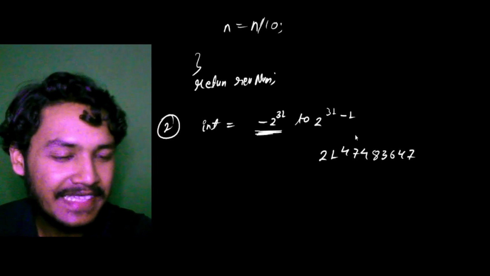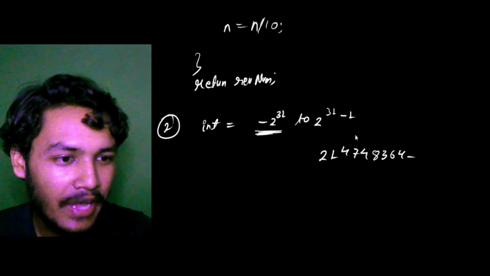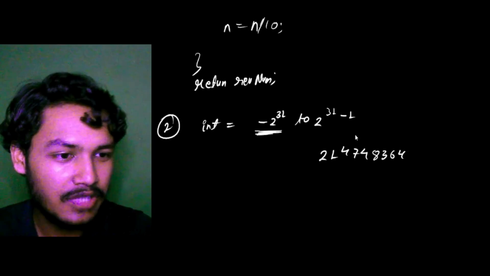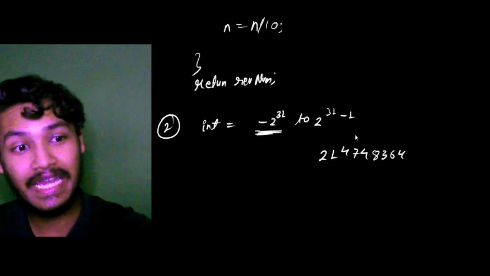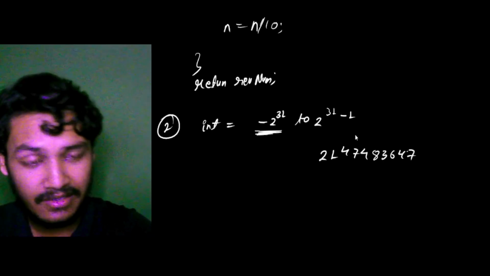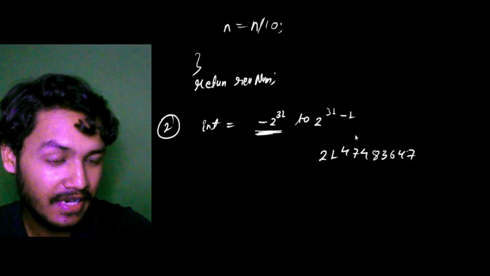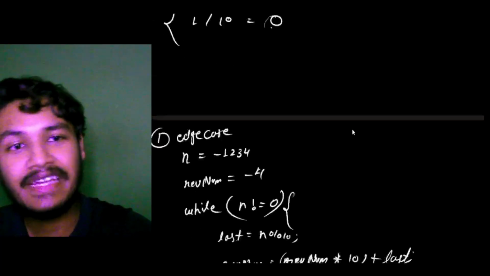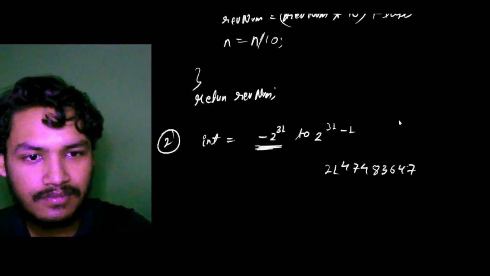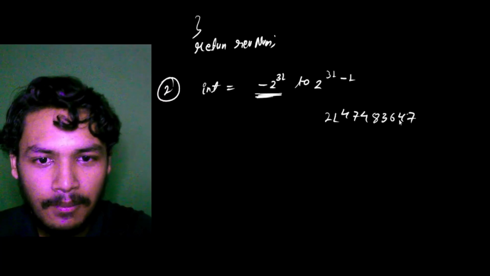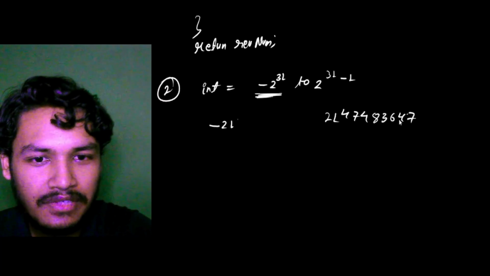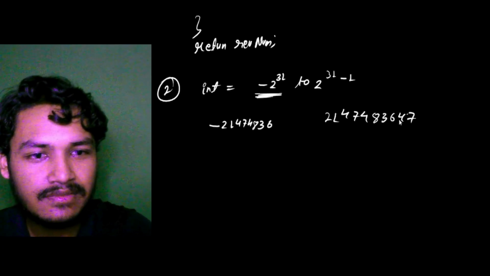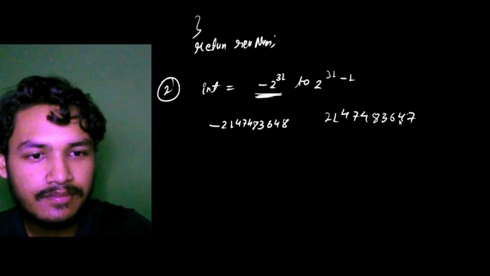If you increase this, like if you add one more, it will give you an error. All right, so the positive limit is 7, this big number, and the negative number will be minus 2,147,483,648.